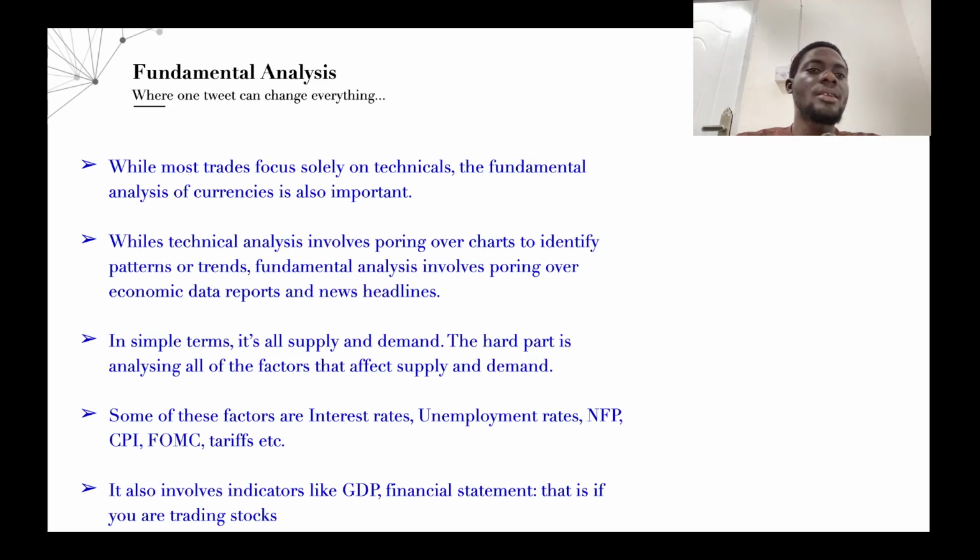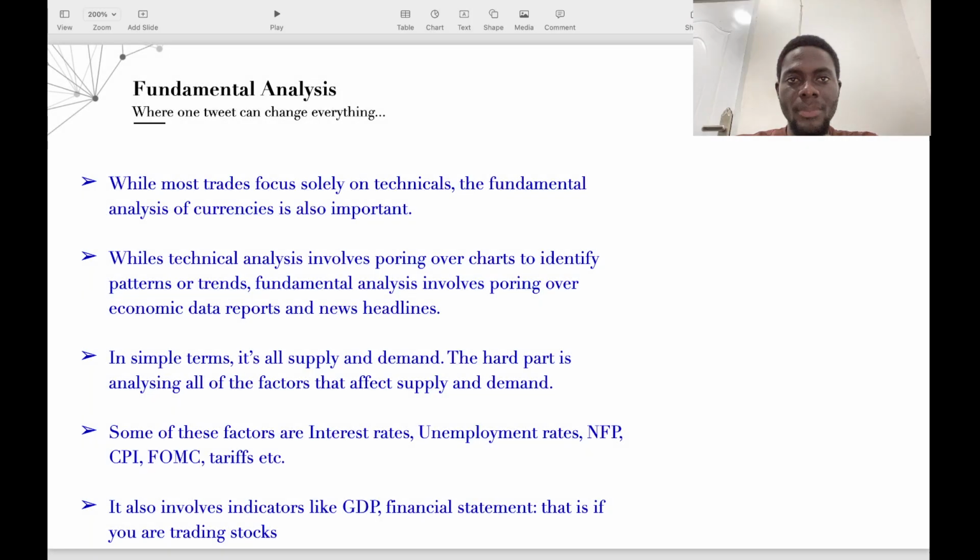So fundamental analysis, where one tweet can change everything, or one occurrence. I remember, let me see if I can pull that up for you.